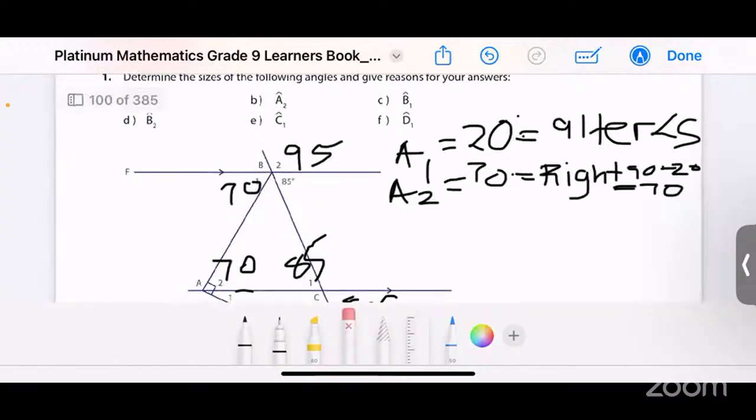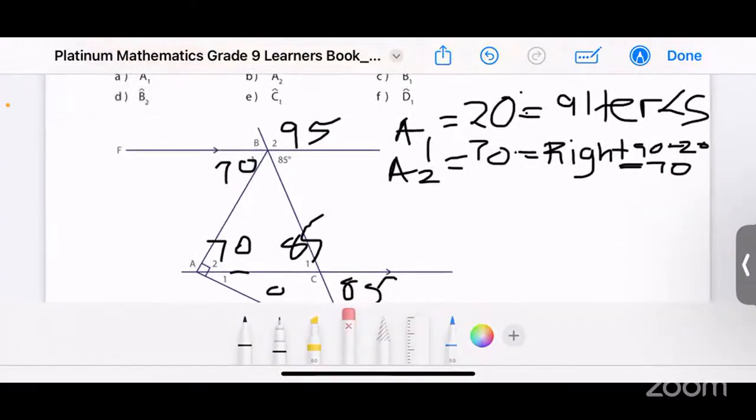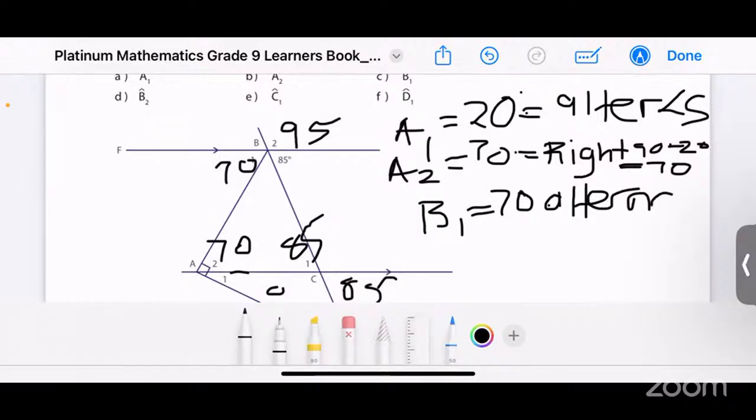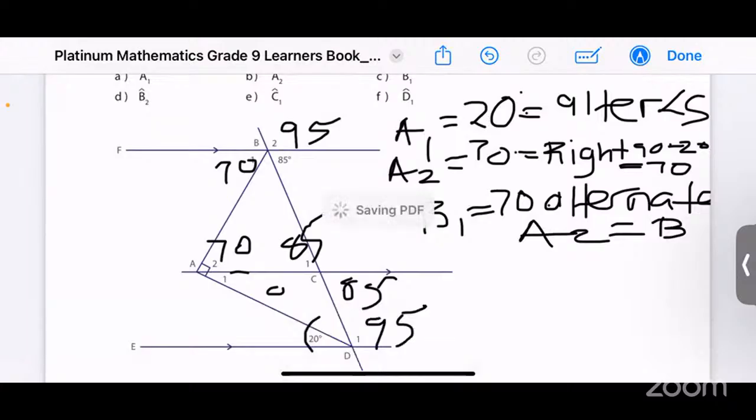And then B1, we said alternate angles from A2. B1, we said 70. Alternate from A2. A2 equals B1. That's where the alternate angle was formed.